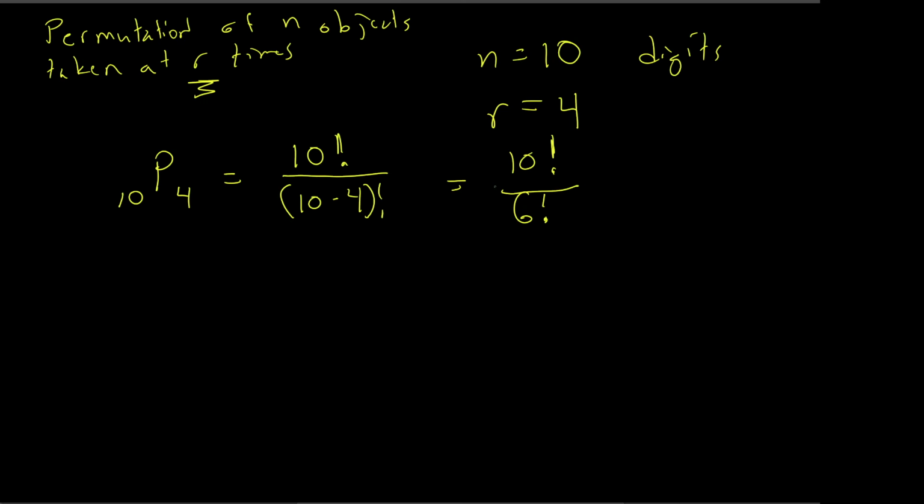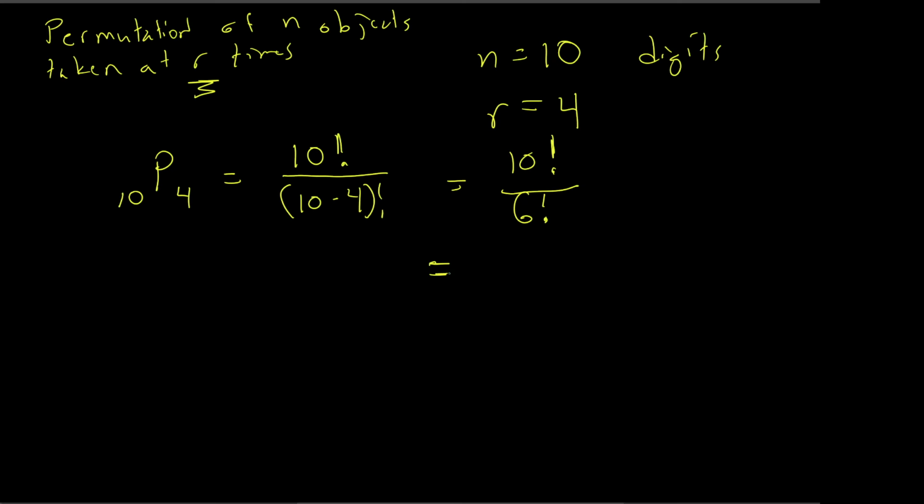So 10 would be 3,628,800. Right? You put a 0 on the end of what we did before. And then divide that by 6 factorial, we have to calculate what 6 factorial is.